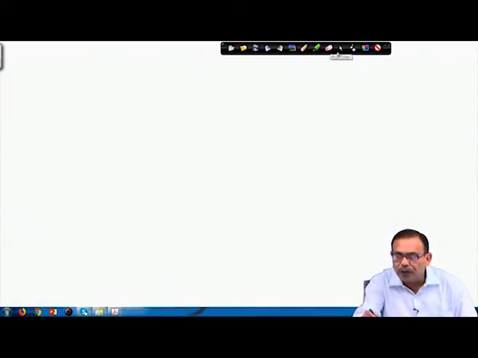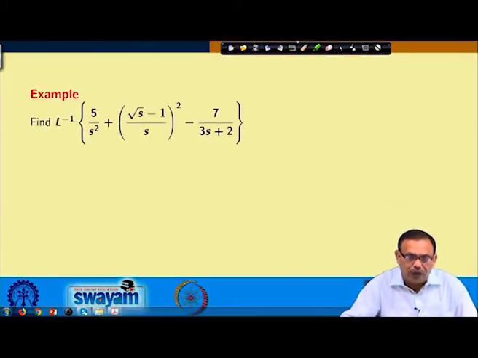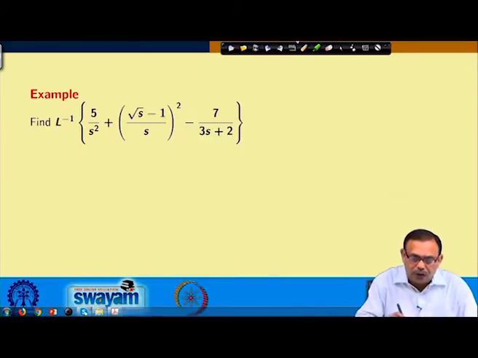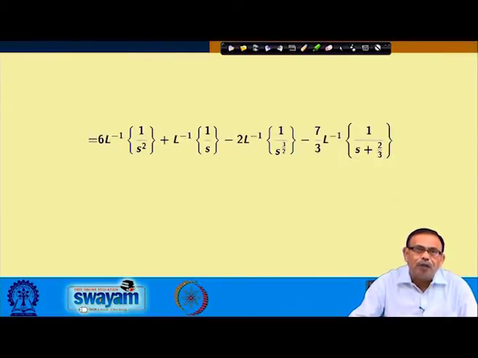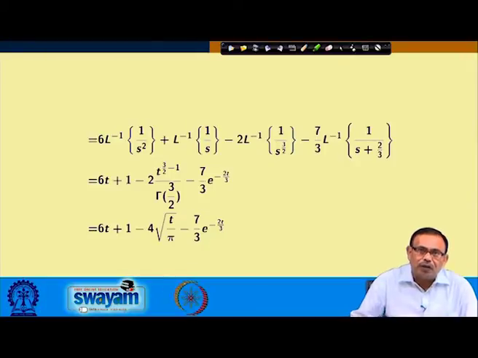So, this way we try to find out the solution of these equations. So Laplace inverse of this is this one, and from here you are getting the corresponding results. So by this way, if you have been provided with the inverse Laplace transform, then I can find out the corresponding function.